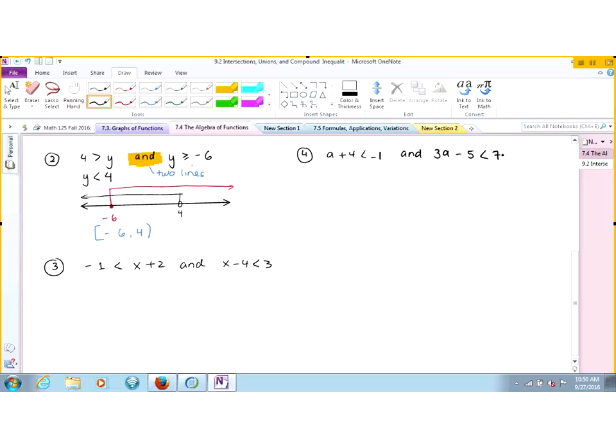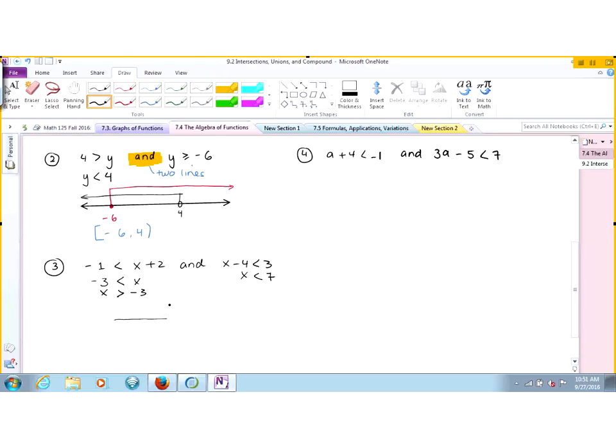Okay, so what are we going to do here? Yes, have x by itself, so we subtract 2, right? So -1 minus 2. Okay, good. And then if negative 3 is less than x, what does it mean? Okay, good. No, the other one. Yes, so when I move negative 4, it becomes plus 4. So 3 plus 4 is 7. Yes.